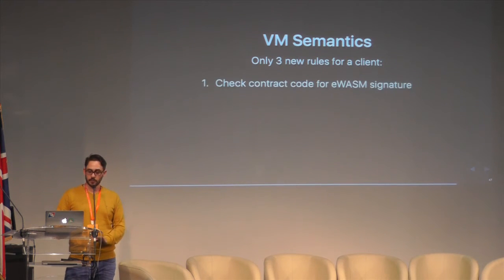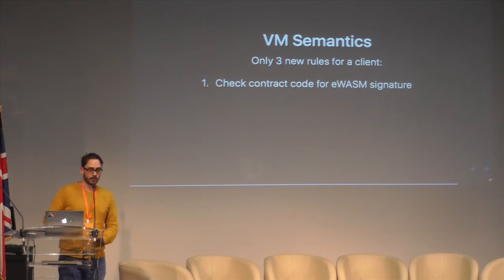So these are the 3 rules you have to follow in order to be WebAssembly compatible. Because we want to keep backwards compatibility with EVM entirely, that means in your blockchain, you're going to have EVM bytecode already deployed, right? But you also want to have the ability to deploy WebAssembly bytecode, and they can coexist.